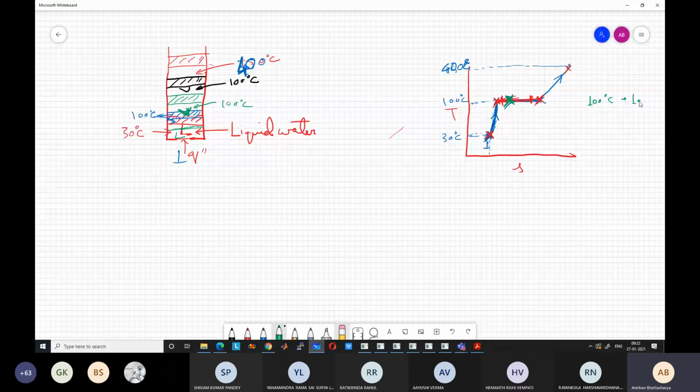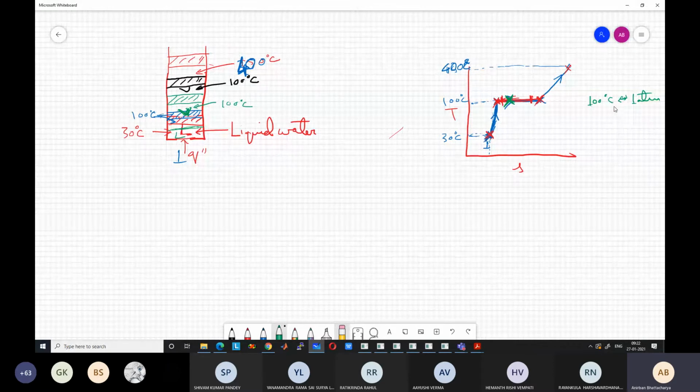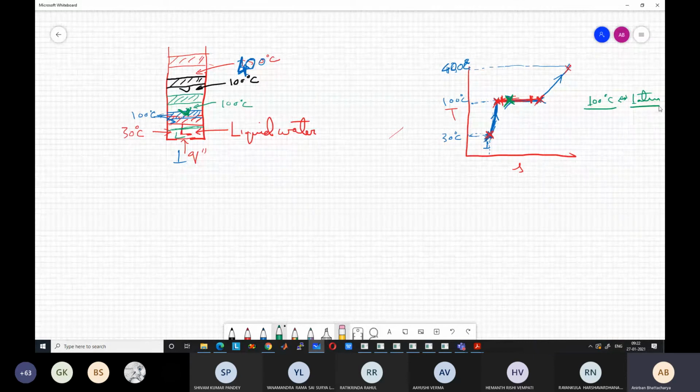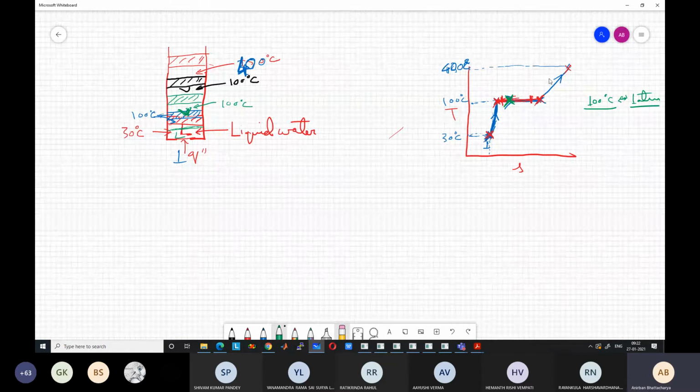So they are related. If the temperature is fixed, pressure automatically is known. They are not independent anymore during boiling. So we need another independent property to fix the state of the substance. Just by knowing the temperature and pressure, you cannot say what is the state of the substance. For the same 100 degrees centigrade and 1 atmospheric pressure, I can be at this point, at this point, at this point, or at this point, anywhere along this line.